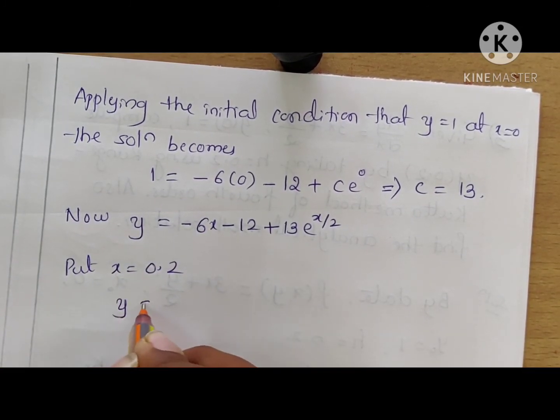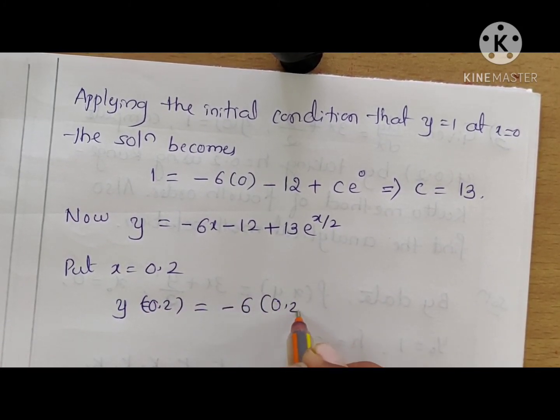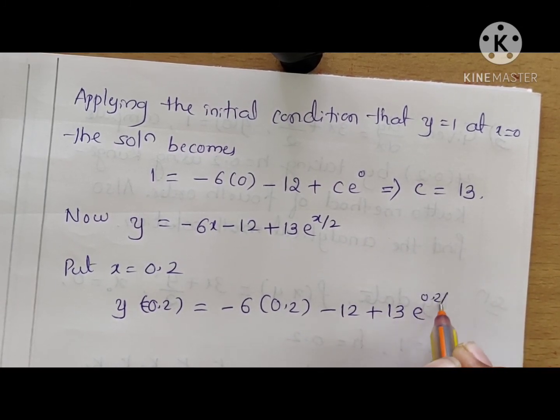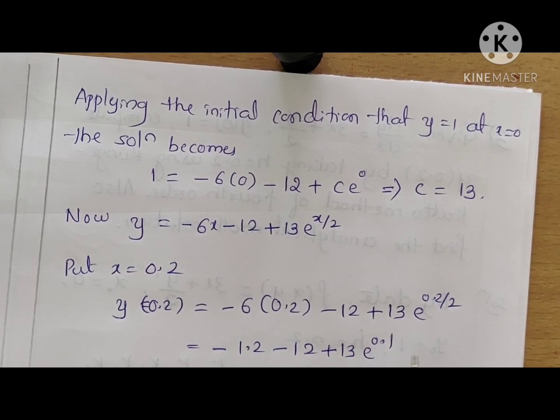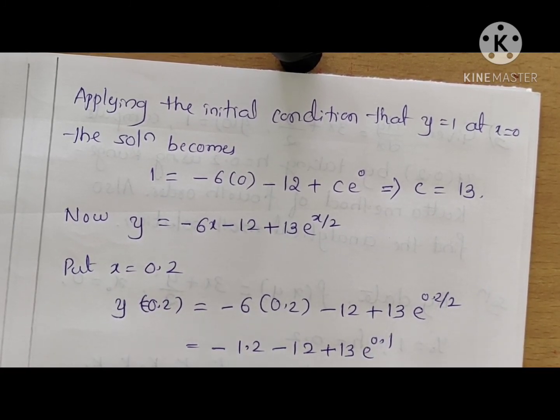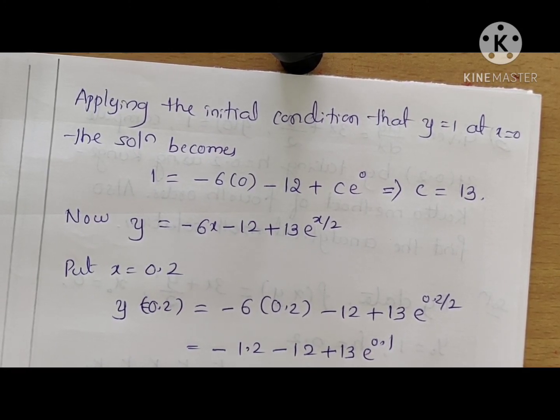So y of 0.2 is equal to minus 6 into 0.2 minus 12 plus 13 into e raised to 0.2 by 2. So it is minus 1.2 minus 12 plus 13 into e raised to 0.1. Just simplify it, you will get 1.1672219.